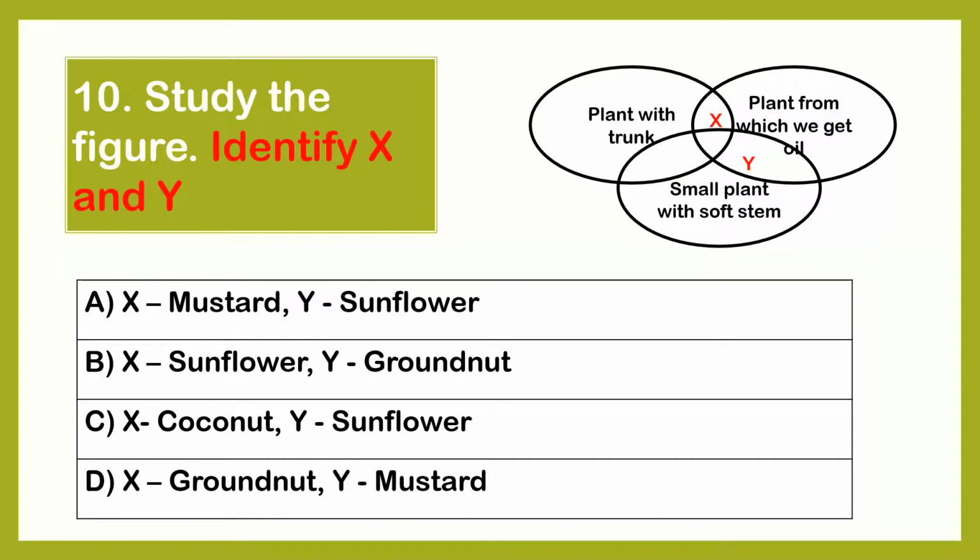Study the figure. Identify X and Y. Options are option A, X, mustard, Y, sunflower. Option B, X, sunflower, Y, groundnut. Option C, X, coconut, Y, sunflower. Option D, X, groundnut, Y, mustard.